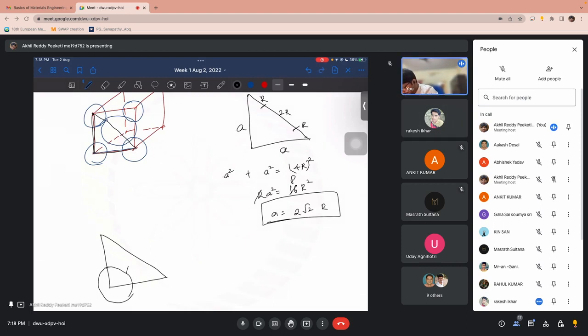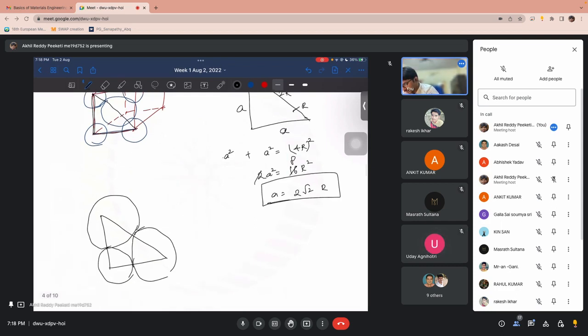So in simple cubic, something of this sort you will get. So A square plus A square would be just 2R whole square in simple cubic.